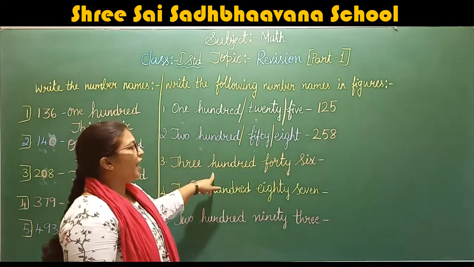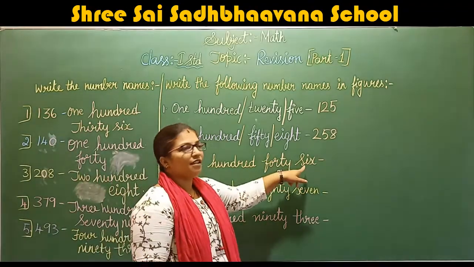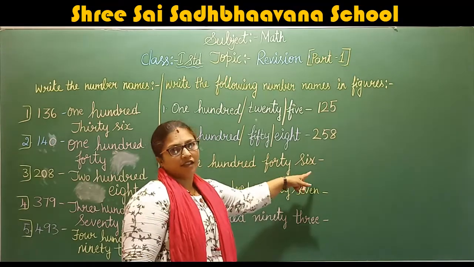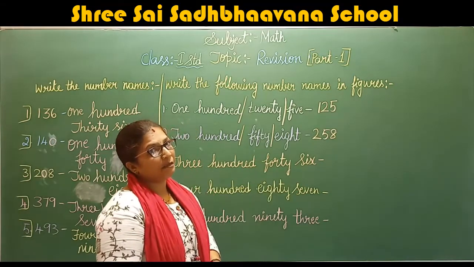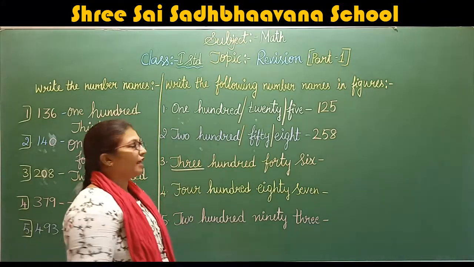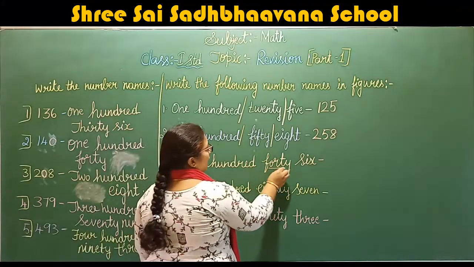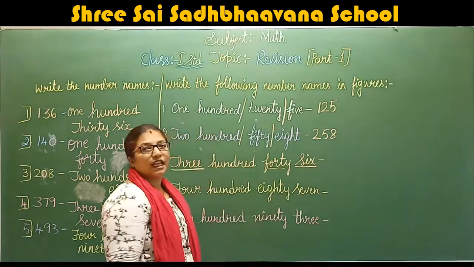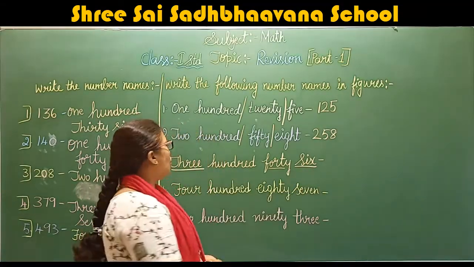Next, 346. In the hundreds place, 3 is given. In the tens place, 40 is given. In the ones place, they gave you 6.